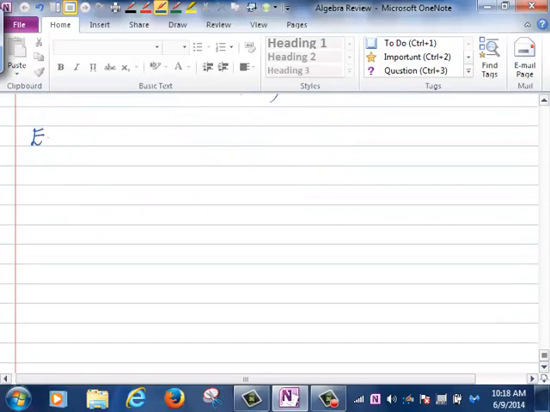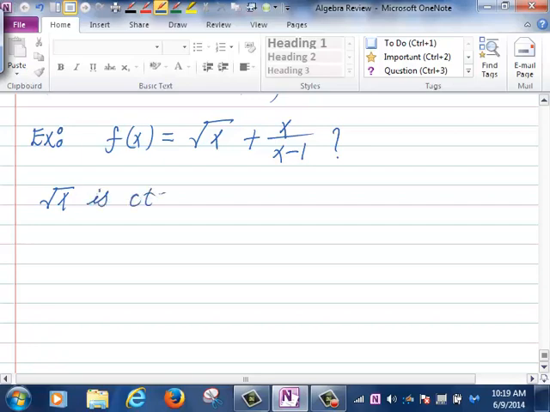Here is another example, and this will be the last one on continuous functions. Let's say I have the function f of x, given by root x plus x divided by x minus 1. Again, the question is, where is this function continuous? Root x is continuous where?